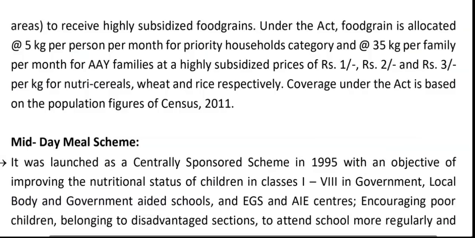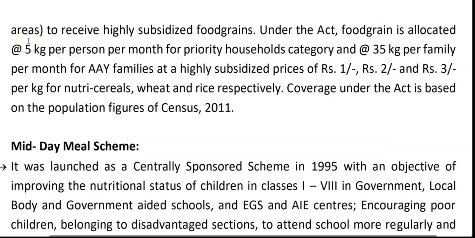That is 5 kg per person per month. Wheat costs rupees 2 per kg, rice is rupees 3 per kg, and coarse grains are rupees 1 per kg. Now, I'll tell you the significance of food security in a brief sentence.